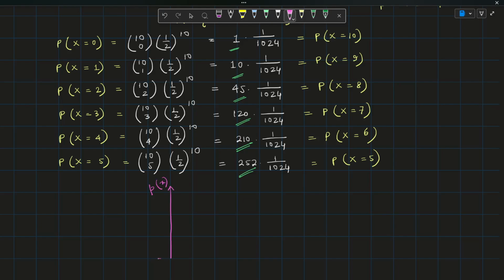So we are now plotting these values, plotting p of x with respect to the value of x, which can be from 0 to 10, and we are just making a rough plot.